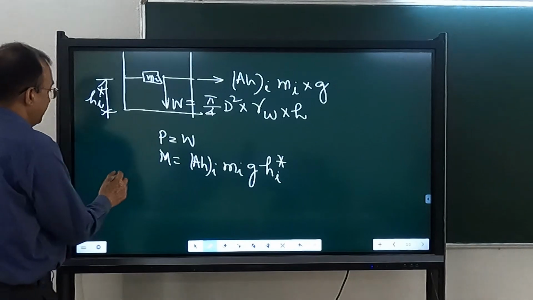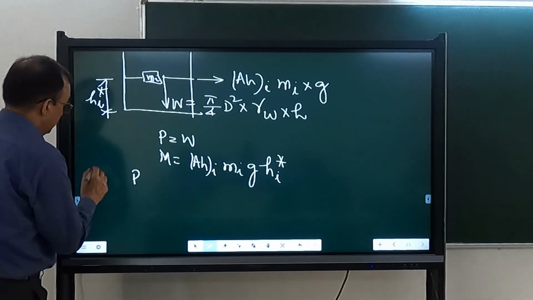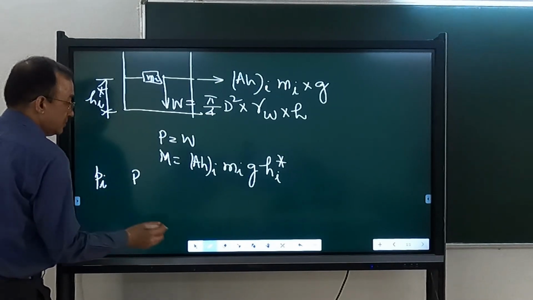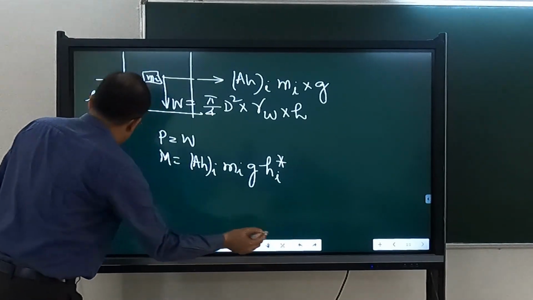And then you can calculate the maximum pressure at the base. Let me call it P overturning.